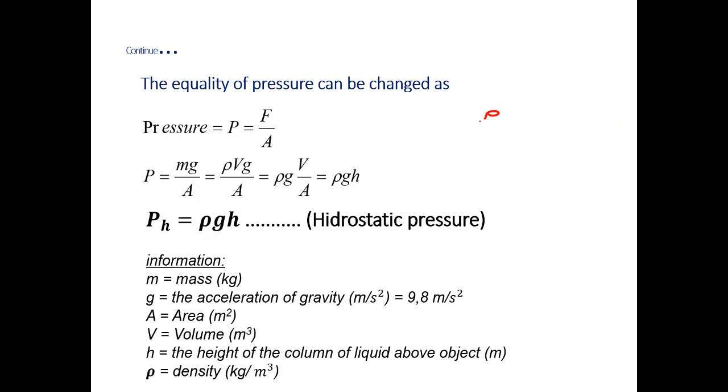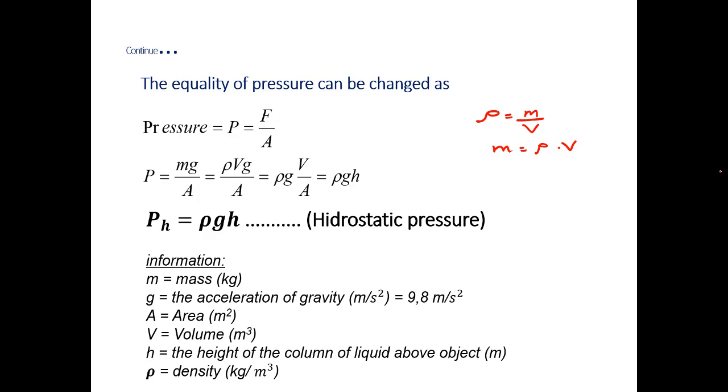In the previous lesson, you already learned that rho is mass divided by volume, so we move m to rho times volume. That's why m here becomes rho volume gravity divided by area.